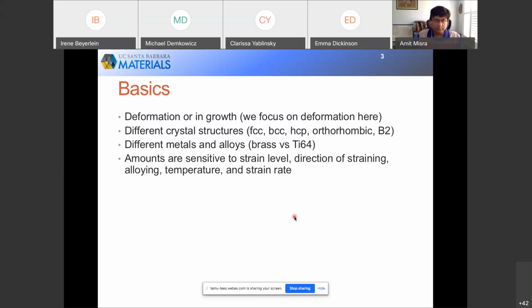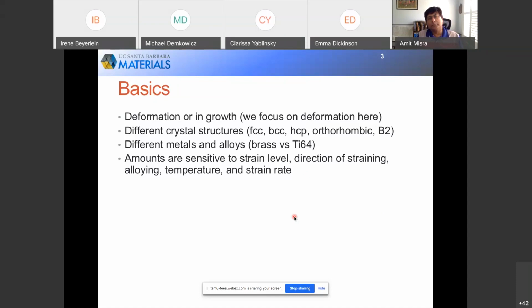Now, as far as when they occur, twinning is usually not the only deformation mechanism that the material would be using to accommodate an applied load or applied strain, but it also occurs in competition with plasticity, or dislocation slip, which I think was a topic of last week's lecture.